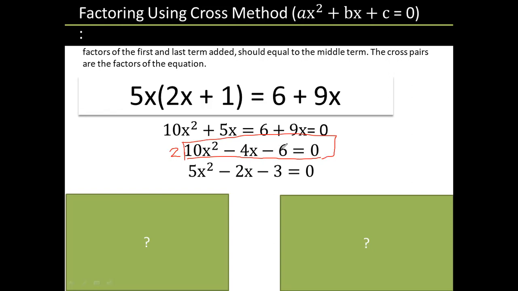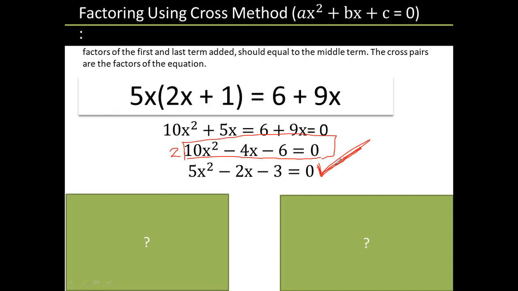And negative 6 divided by 2 is negative 3. So therefore, we now have this standard format of the equation. So we need to factor 5x squared minus 2x minus 3 equals 0.